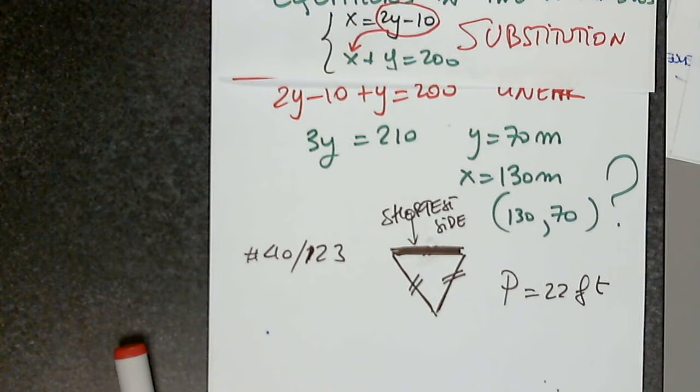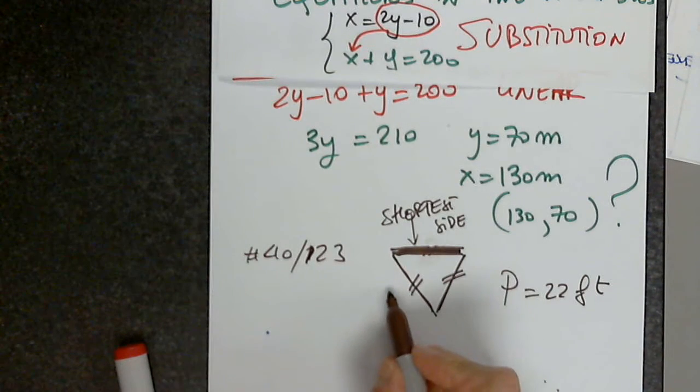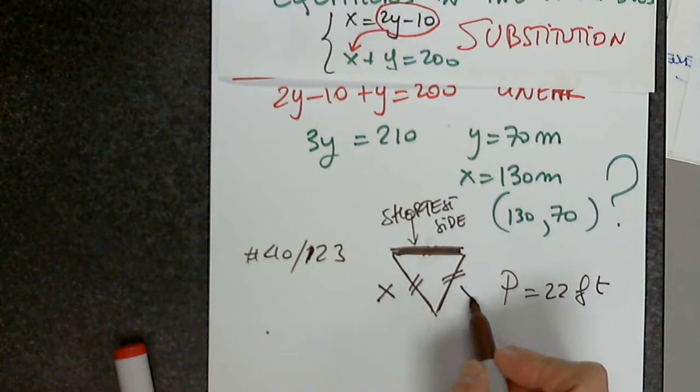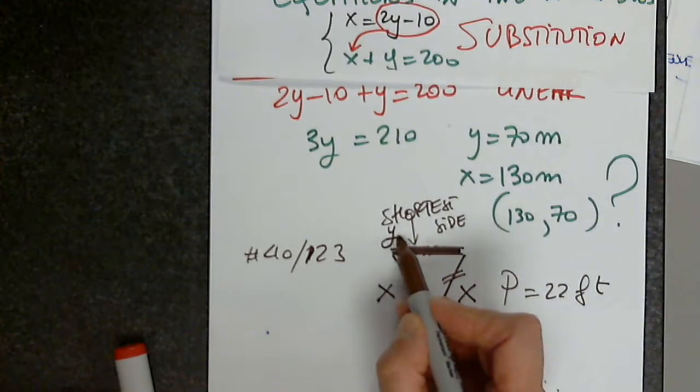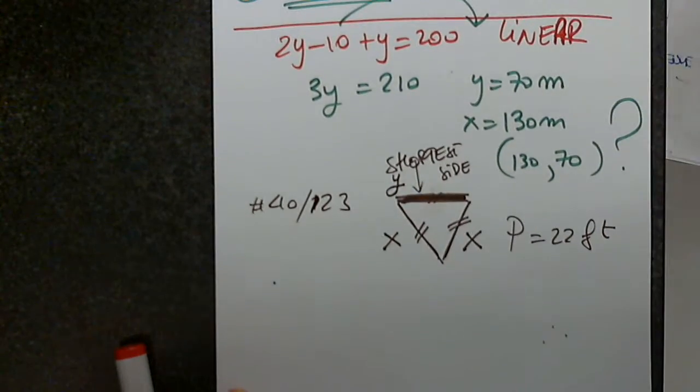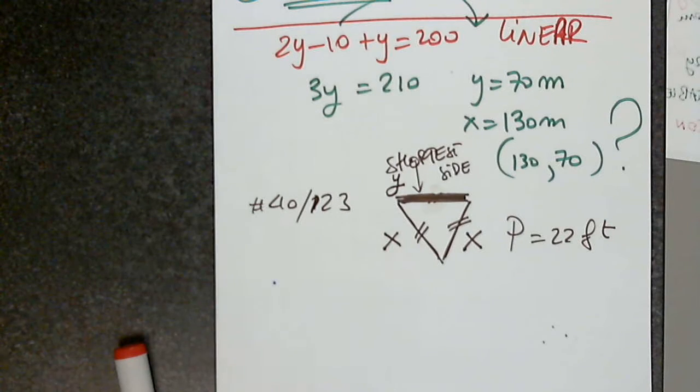The perimeter is 22 feet. If the shortest side is 2 feet less than the other two, I'm going to call this X. Therefore, I have to call this X. And I'm going to call the shortest side Y. We are told that the shortest side is 2 feet less than the other two.